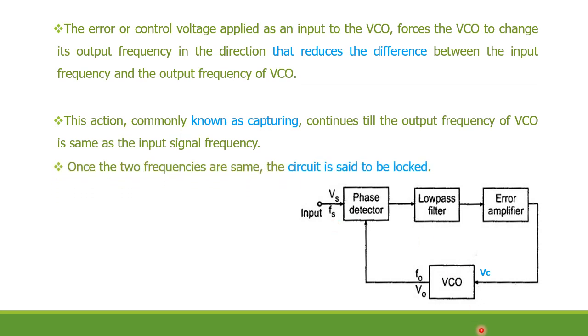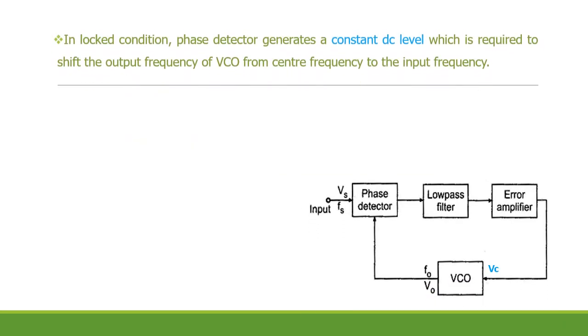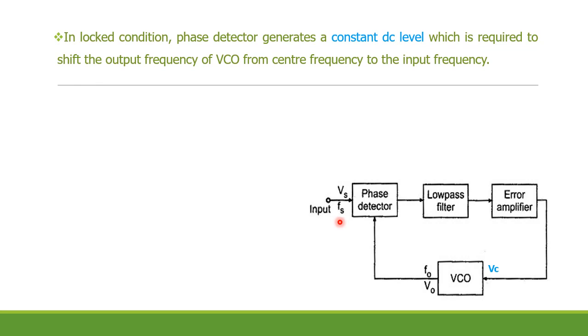Once the output frequency of the VCO, F, is equal to the incoming frequency Fs, the circuit is said to be locked. In the locked condition, we don't have any frequency difference between the two signals. Then what is the output of the phase detector?